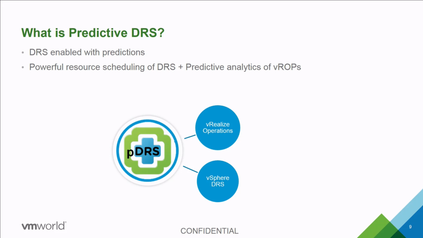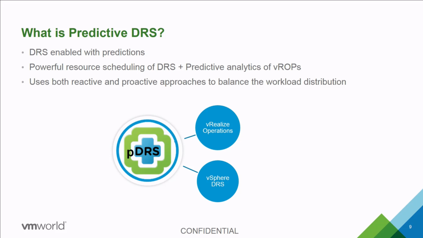So Predictive DRS enables VROps to provide long-term forecasting metrics to augment the short-term placement criteria of DRS. In other words, Predictive DRS uses both the proactive and the reactive approaches to balance your cluster load, and to also take care of short-term occasional resource contention.